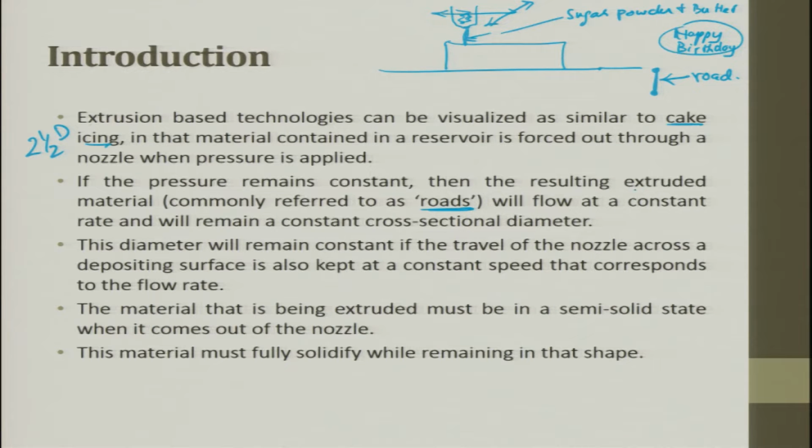So, if it is extruded at a constant pressure, you will get a uniform rod width and height, flowing at a constant rate and remaining at a constant cross-section diameter. This diameter will remain constant if the travel of the nozzle across the deposited surface is also kept at a constant speed. If we try to draw a line very fast, when there is a difference in the flow or in the pressure, you might get discrete lines, or you might get a lump of mass, then a small one, and so on.